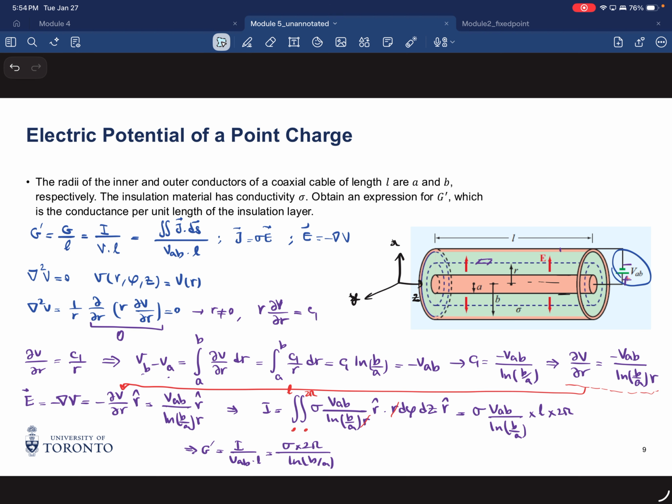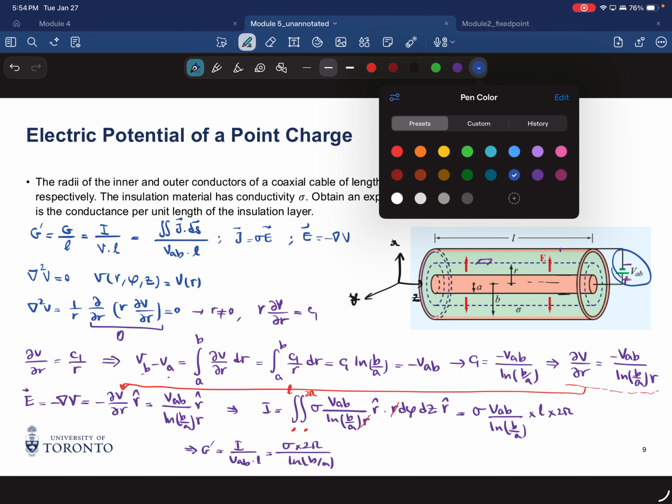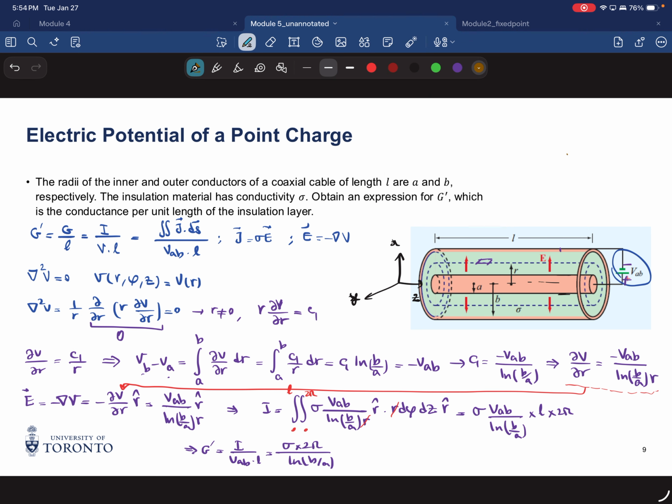So when we look at these two conductors, let's look at the cross-section. What we have here is an inner conductor with the radius A, and then we have an outer one with the radius B, okay? And this is a full conductor.